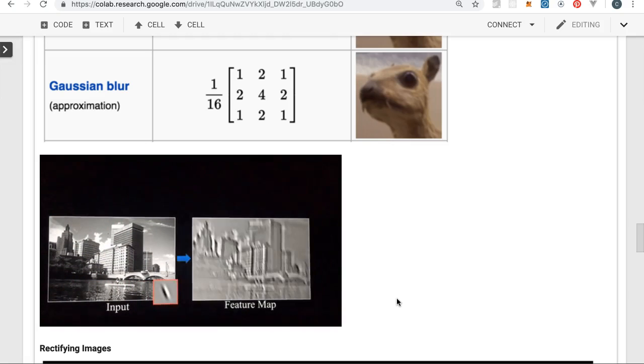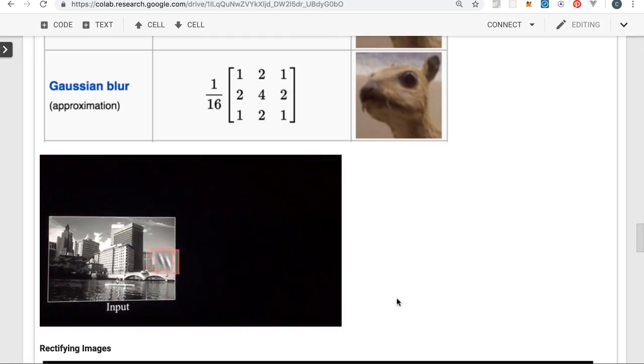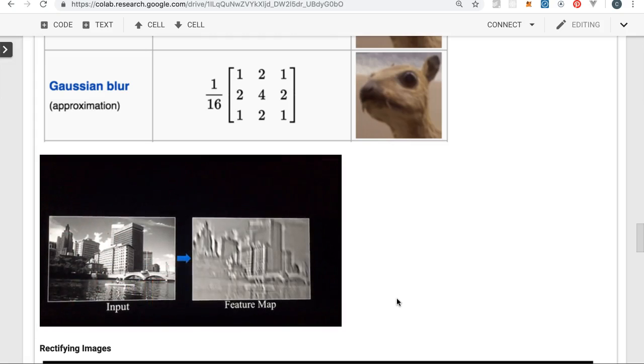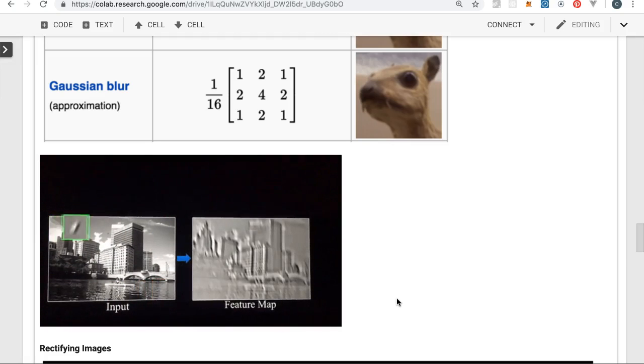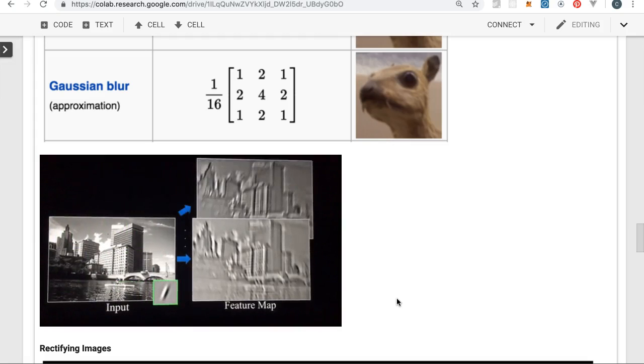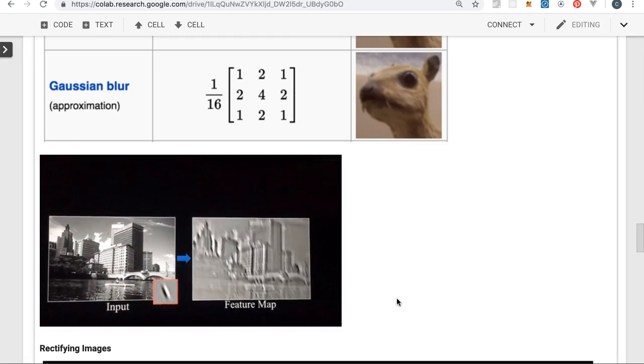In the building, it's looking for kind of like this / edge, and then kind of like a \ edge. And so as this convolutional neural net, these are 2 separate convolutional layers. So the green convolutional layer is firing off, looking for all the math that adds up to the highest number for a /. The red is trying to run across the image, looking for the highest amount of the \.